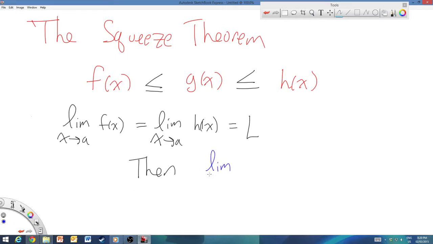So then the limit as x goes to a of g of x is also equal to the same thing.